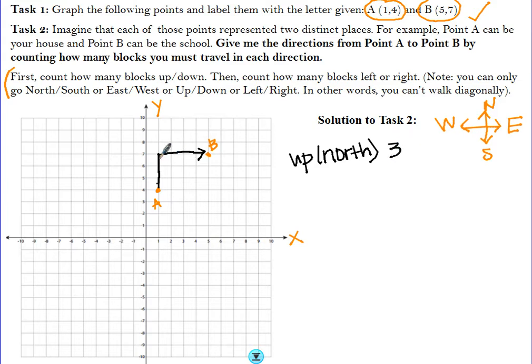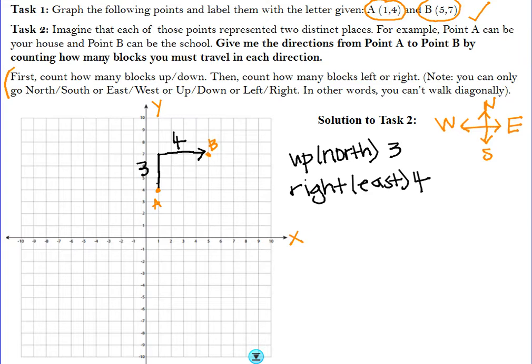And then from there, you're going to go to the right. 1, 2, 3, 4. To the right 4 blocks, or you could also say east 4 blocks. Now, that's the end of the task 2. You could say you're going to go up 3 blocks and right 4.